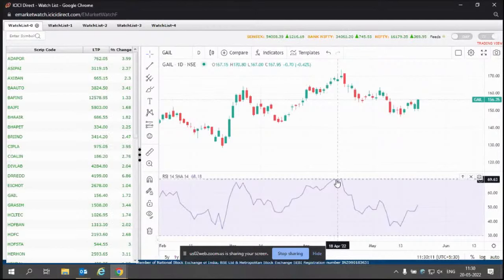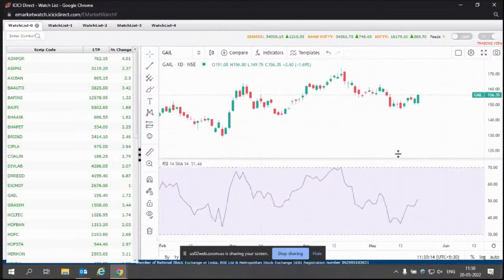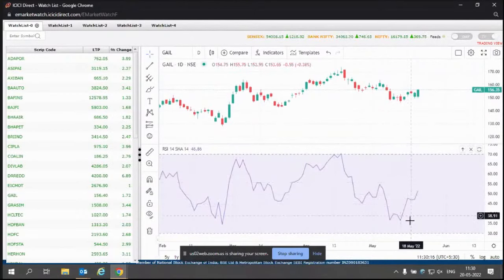An RSI reading below 30 is considered oversold, and an RSI above 70 is considered overbought. The RSI is most typically used for a 14-day time frame, measured on a scale of 0 to 100, with high and low levels marked at 70 and 30.